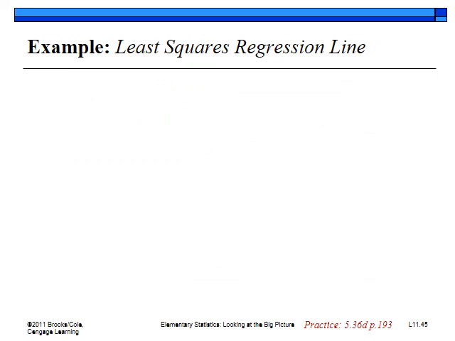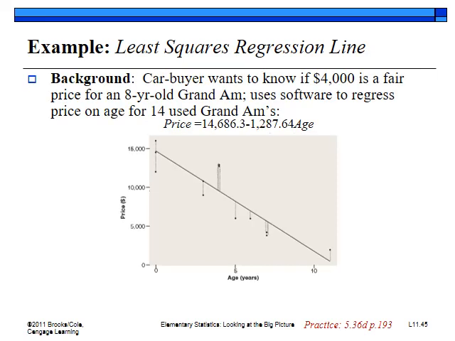Let's look at an example of using the regression line. Let's say we're looking at the Grand Ams again, and a car buyer wants to know if $4,000 is a fair price for an 8-year-old car. So if we look at 14 used cars and look at the scatter plot, which we've seen before, we can find the regression line, which you see here now.